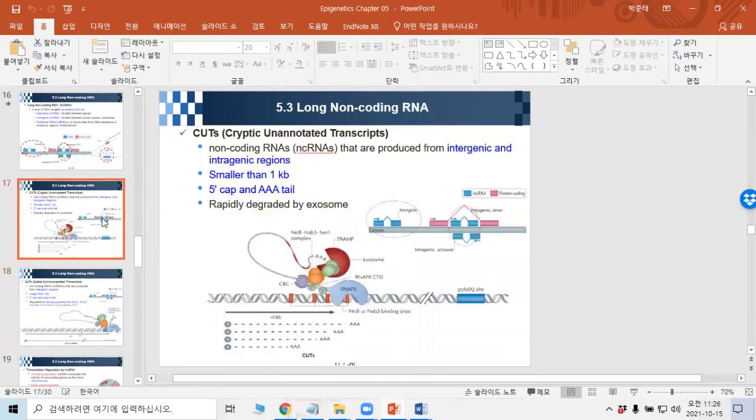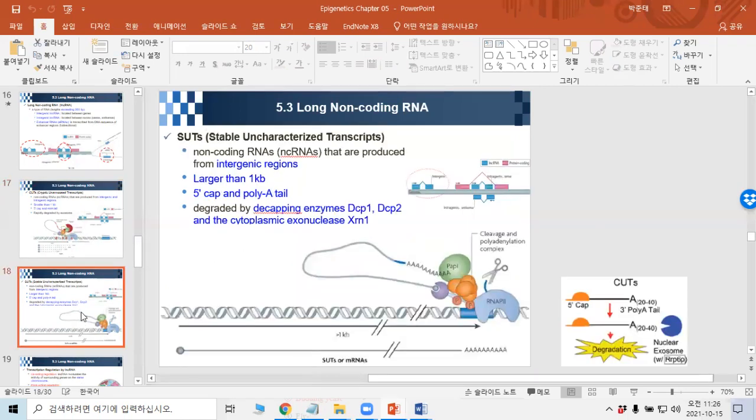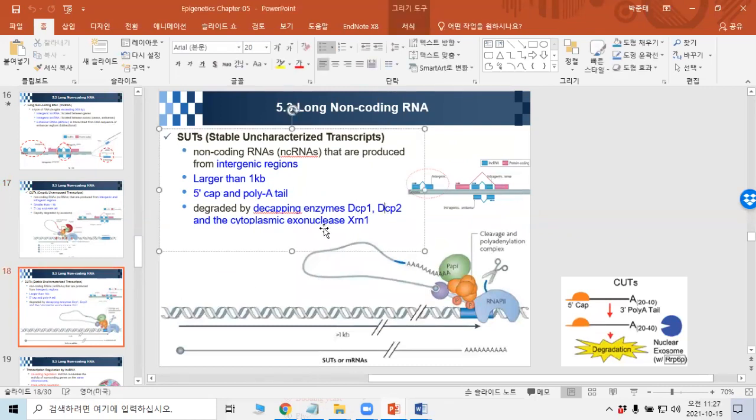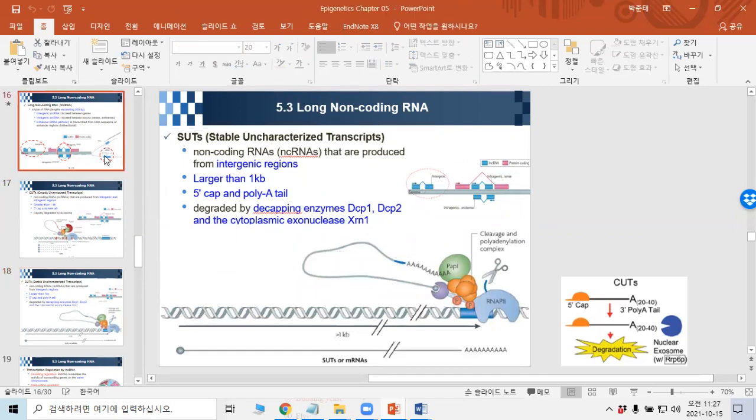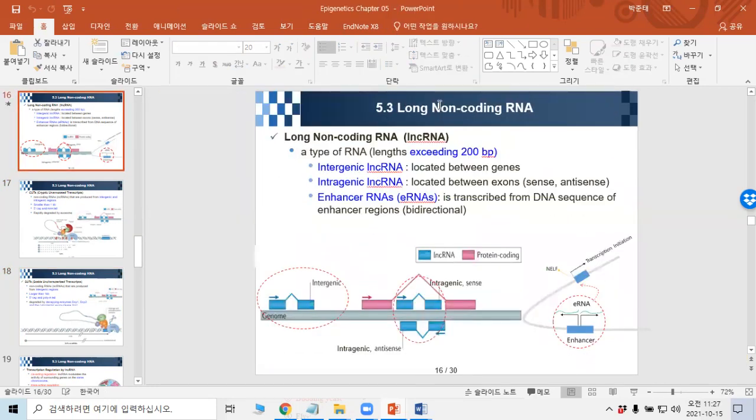CUT also belongs to the long non-coding RNA. For example, in the multiple choice question, they asked about CUT being rapidly degraded by exosome, and SUT being rapidly degraded by another protein. But the important thing is that in this subject we cover long non-coding RNA.